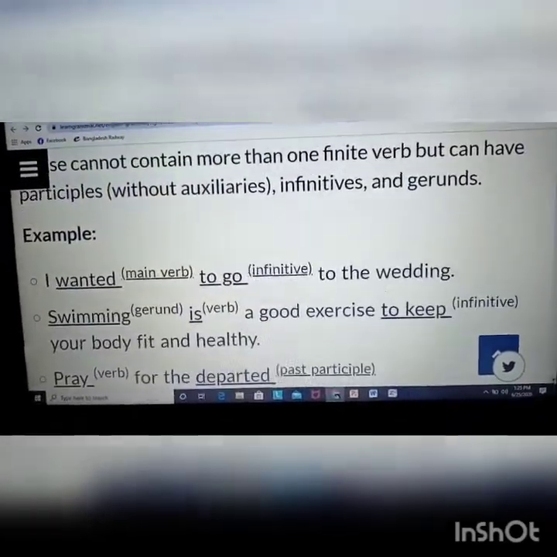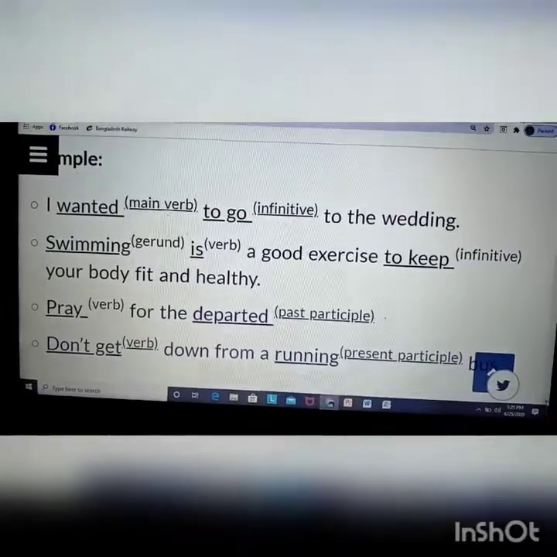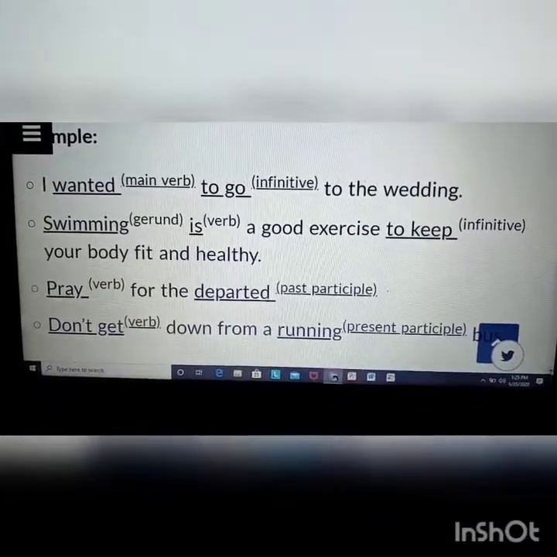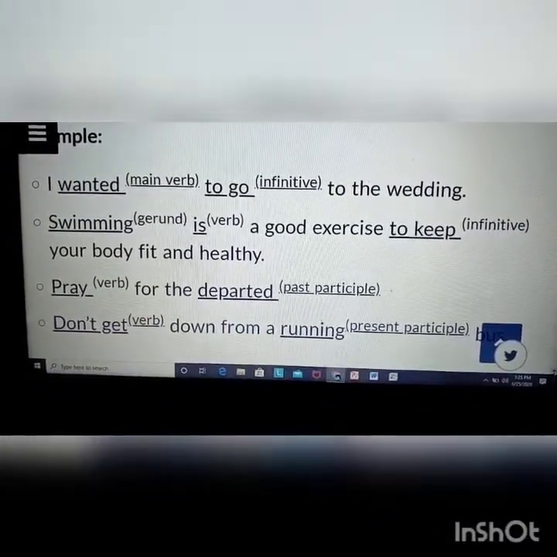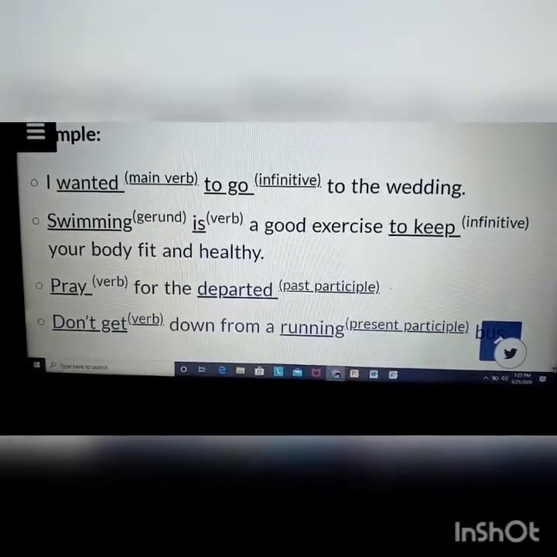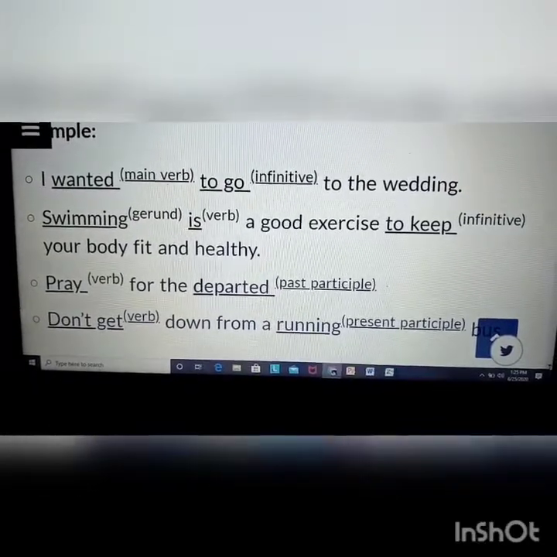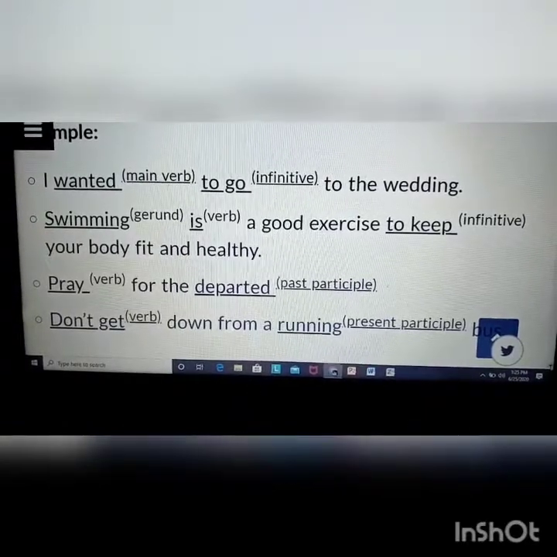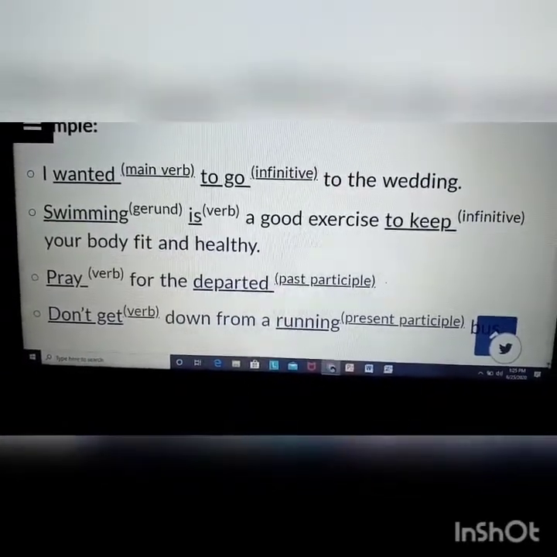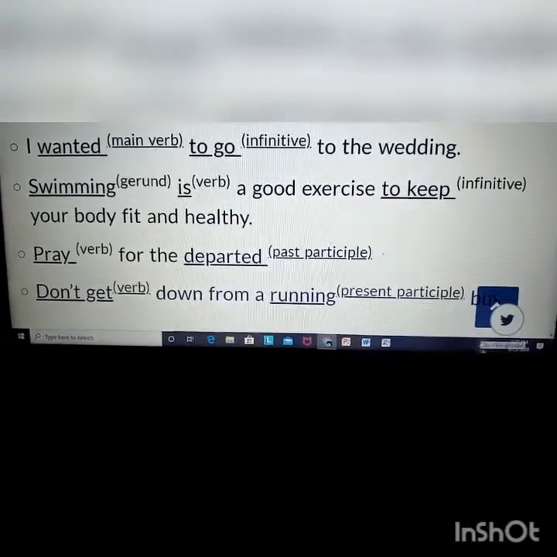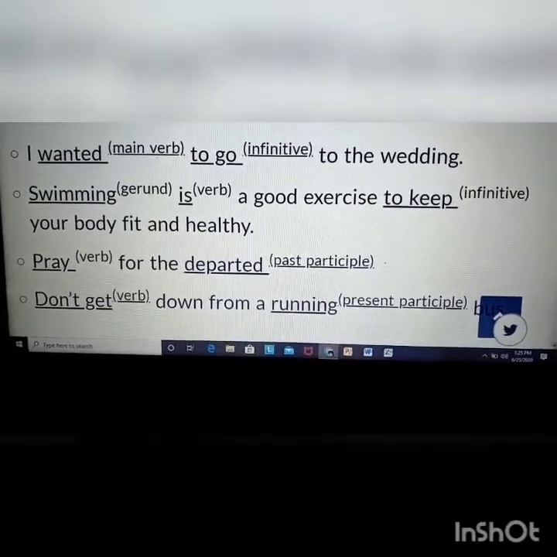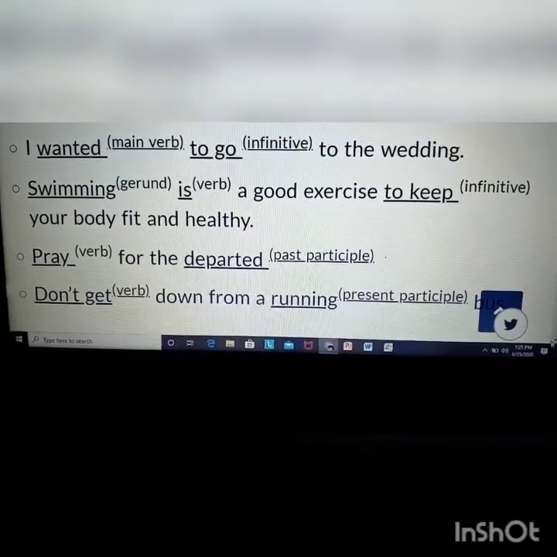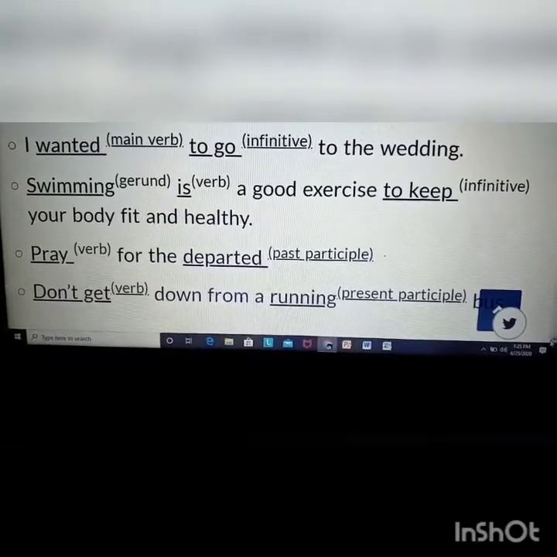In the example we can see, I wanted to go to the wedding. Here wanted is the main verb, and to go is an infinitive. In the sentence we have seen two verbs, but there is only one main verb, that is wanted.